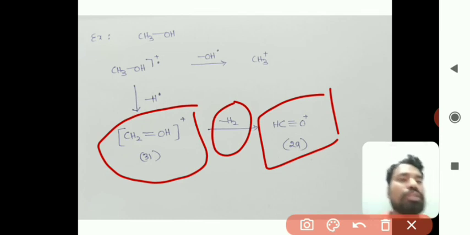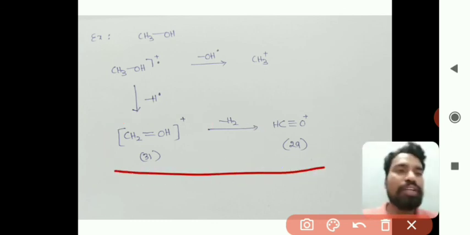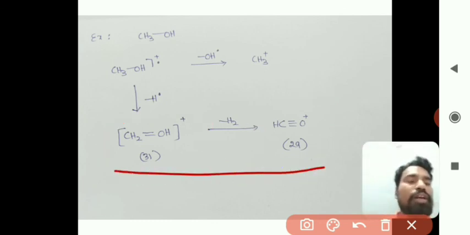So this is the fragmentation of methyl alcohol, and not only in methyl alcohol but in all alcohols, these two are the characteristic carbocations formed in the fragmentation.